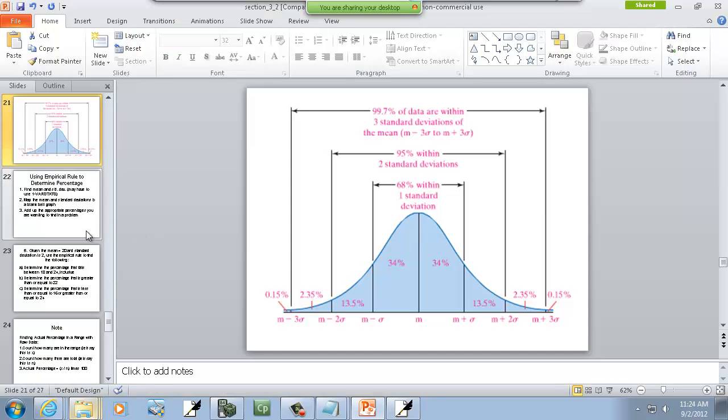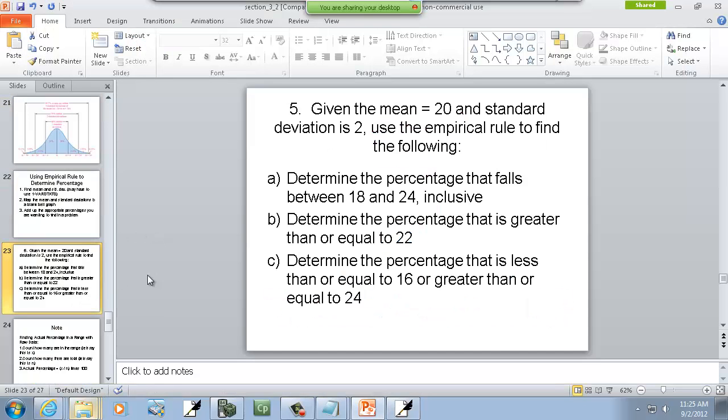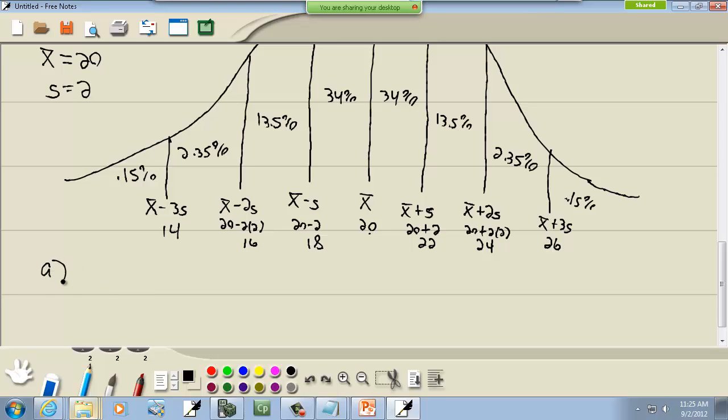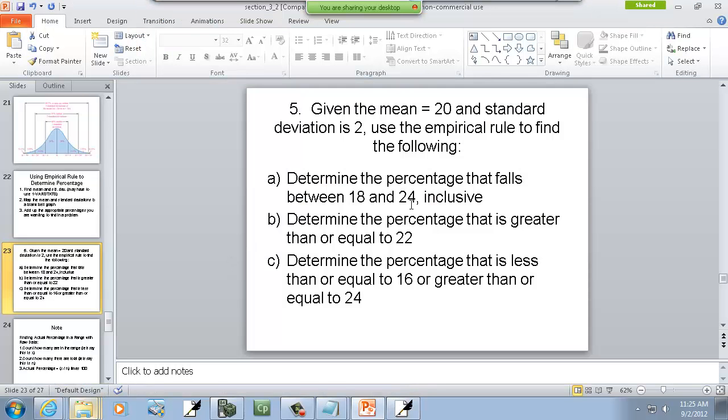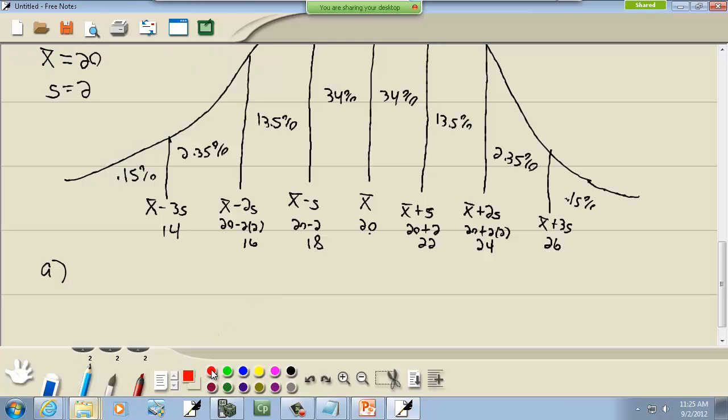Okay, so let's go back to our problem. A. Determine the percentage that falls between 18 and 24, inclusive. I'm going to use red for this. Here's 18 and 24. So that would be from here to here. So I'm going to add up all the percentages in there.